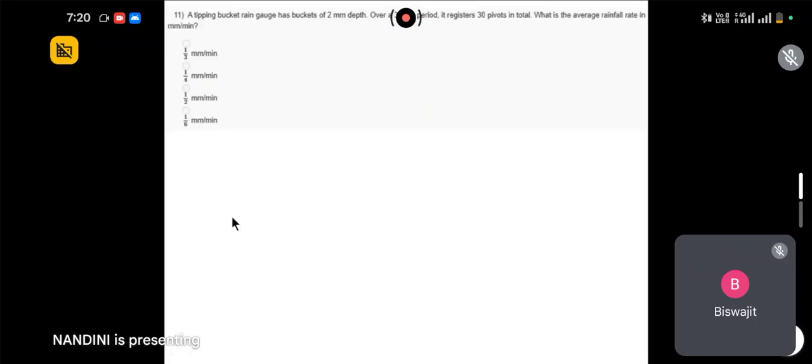No. A tipping bucket rain gauge. So a tipping bucket rain gauge basically measures rainfall that is received over a particular region. It is a bucket, and I'll show you the figure, it will be easier.